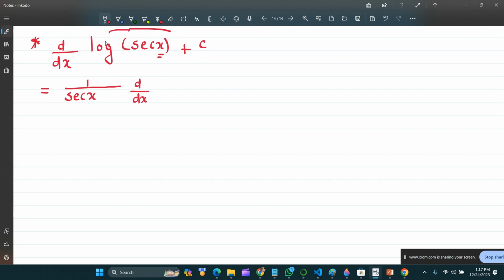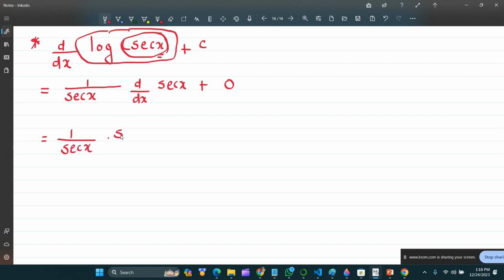The functions are in chain form. So first we have to take the derivative of log, so we'll take 1 upon sec x into the derivative of the second function, that is sec x. The c is a constant, so its derivative will be 0 and it gets deleted. So 1 upon sec x into the derivative of sec x.